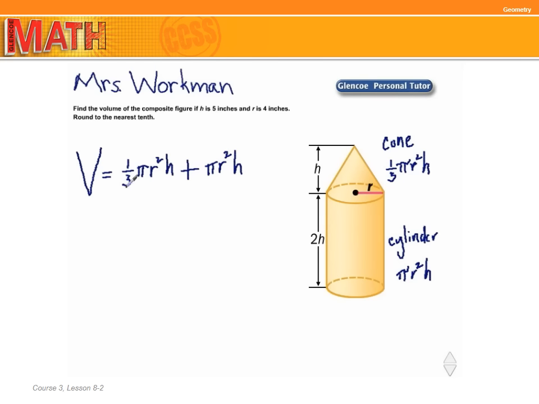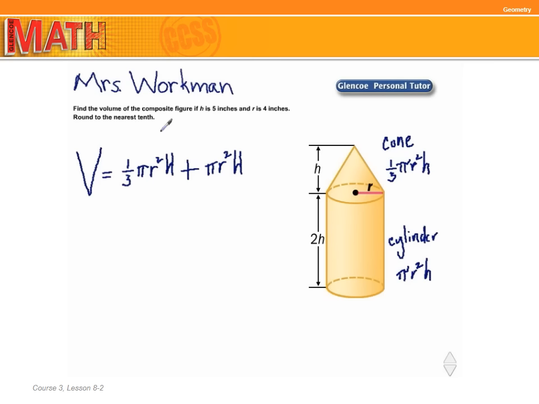Now before we do any substitutions, I'm going to go back and just make these capital H's so as not to confuse us all. And these are going to stand for height. We are told in this problem that the height of the cylinder is twice the height of the cone.